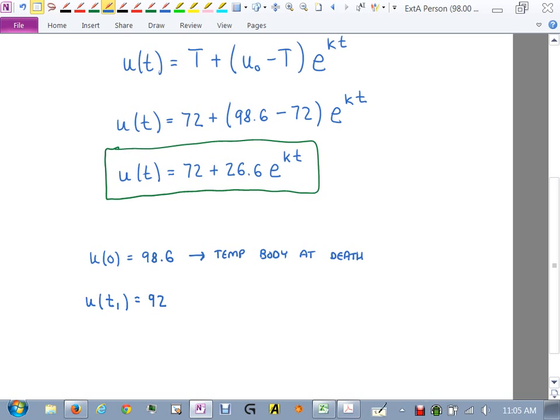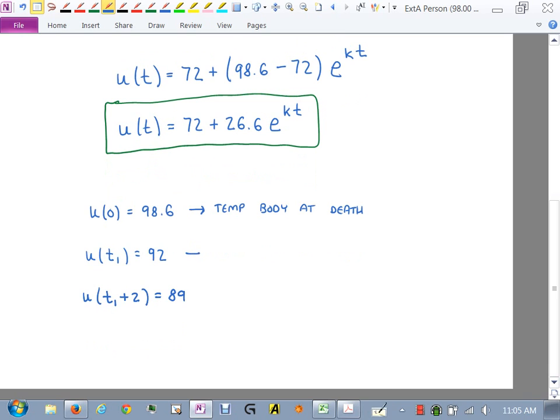At some point in time when I walk in, T1, I take the temperature, it's 92. Then 2 hours later, it's 89. So how do I say 2 hours later? I say u of the time I walked in, T1 plus 2, must be 89.